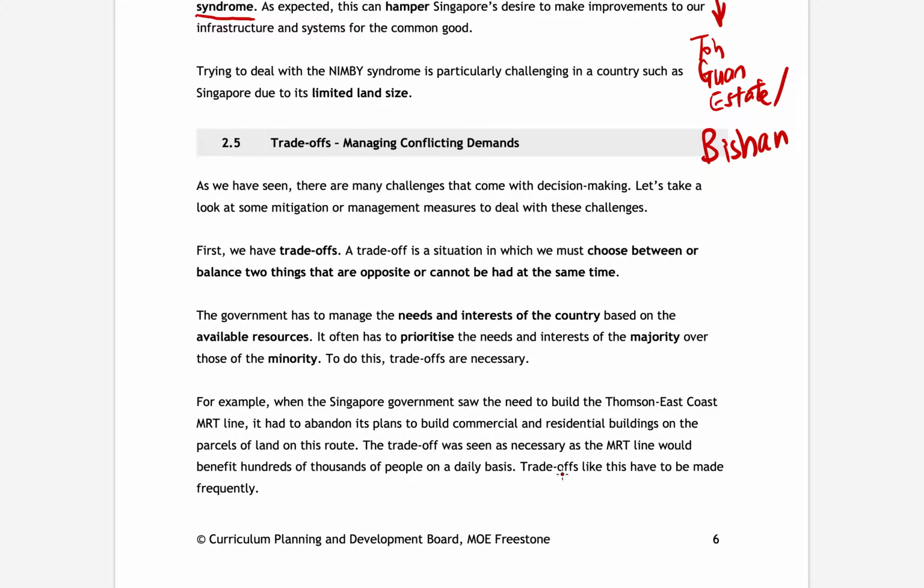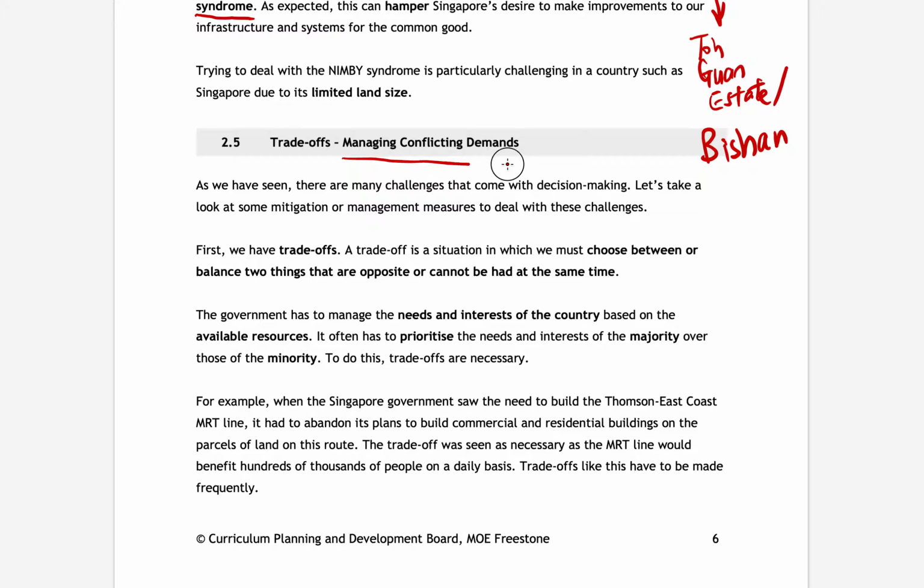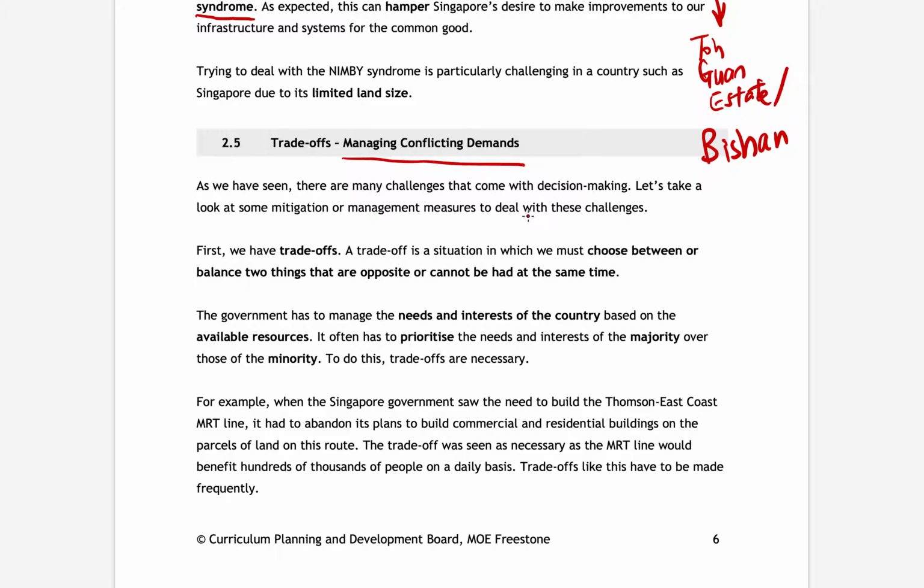So next part, we'll talk about how we can manage these problems, this challenge. Okay, first things first, we have a trade-off. Okay, I'm sure you heard of this term before. Now, a trade-off is a situation where we must choose between or balance two things that are opposite or cannot be had at the same time.